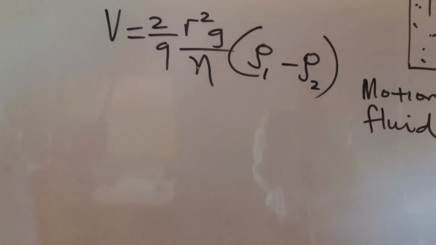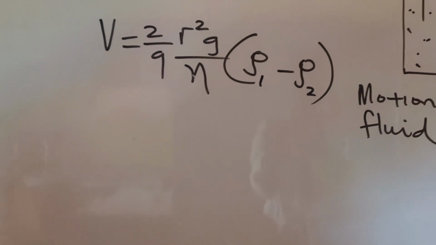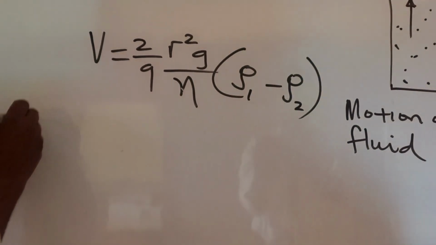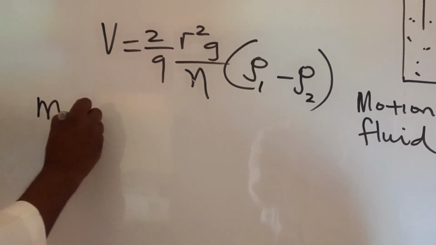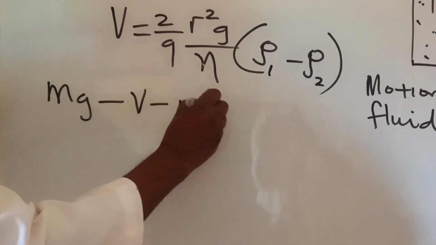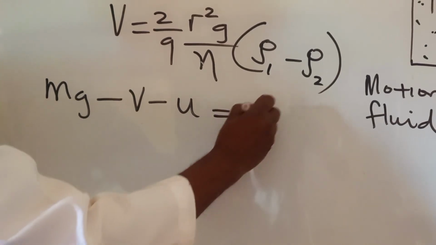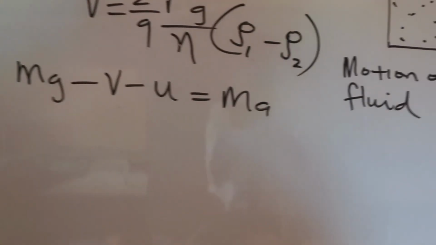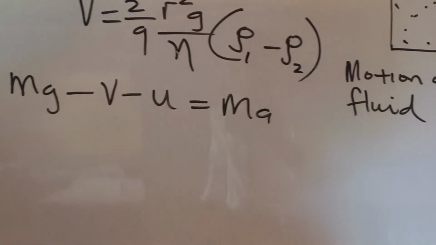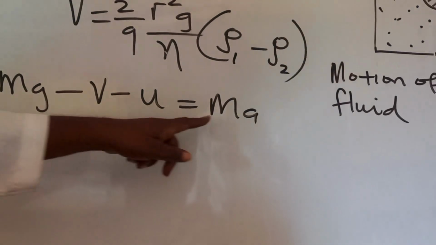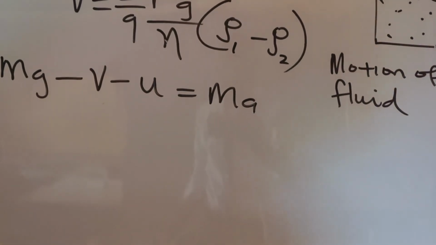We can therefore write the equation of motion of the sphere as mg minus V minus u equals ma, where a is the acceleration of the sphere through the fluid, and m is the mass of the sphere.